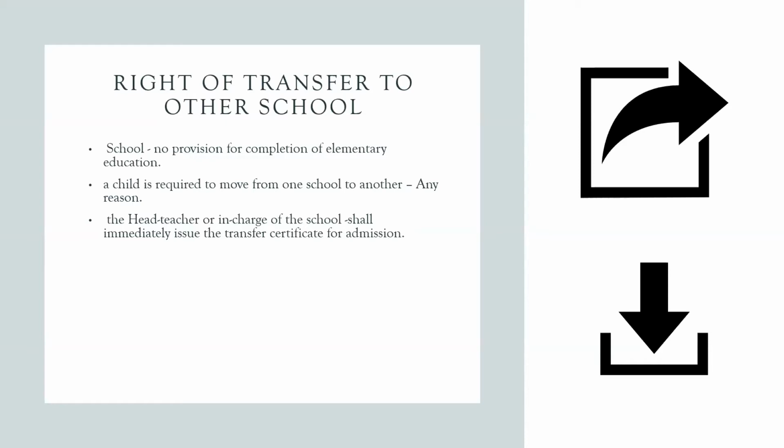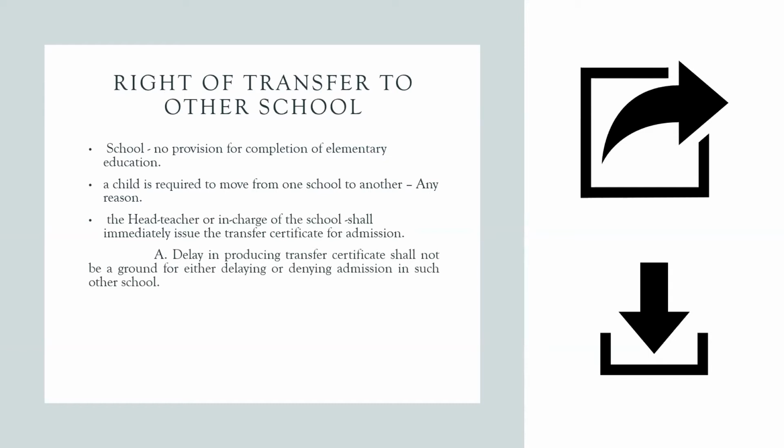But something that we should know is that the delay in producing the transfer certificate in the new school cannot be a ground for them to say that we will not give an admission. The new school should give you admission and tell you to submit the transfer certificate when you receive it. Okay.